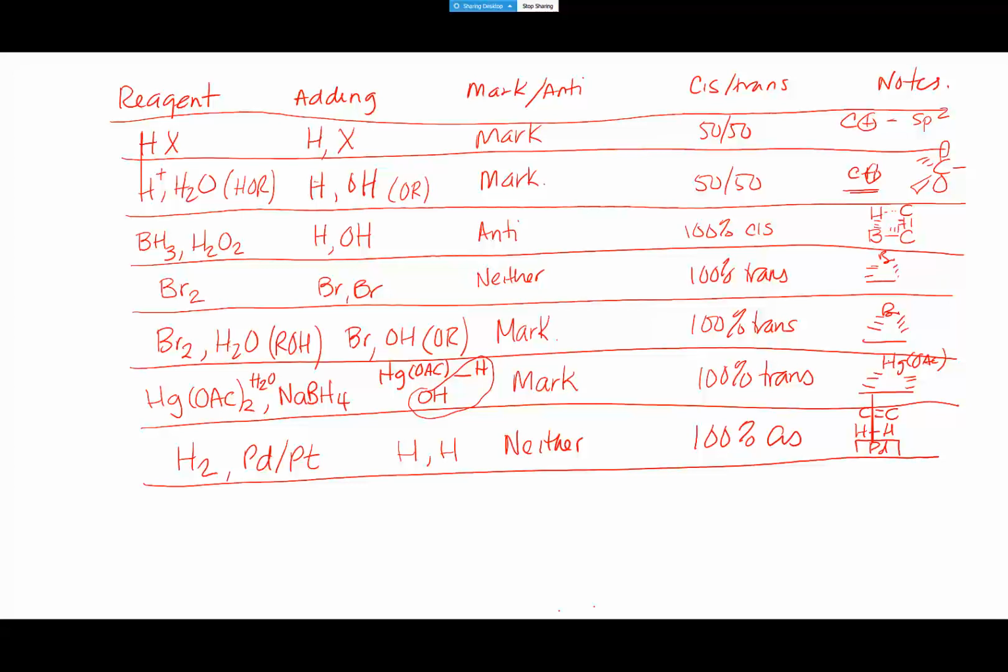In today's it looks like there's just one, because we had talked about the anti-Markovnikov addition with the, oh wait, that's not on the list. Okay, we got two more. We have HBr and H2O2, hydrogen peroxide.